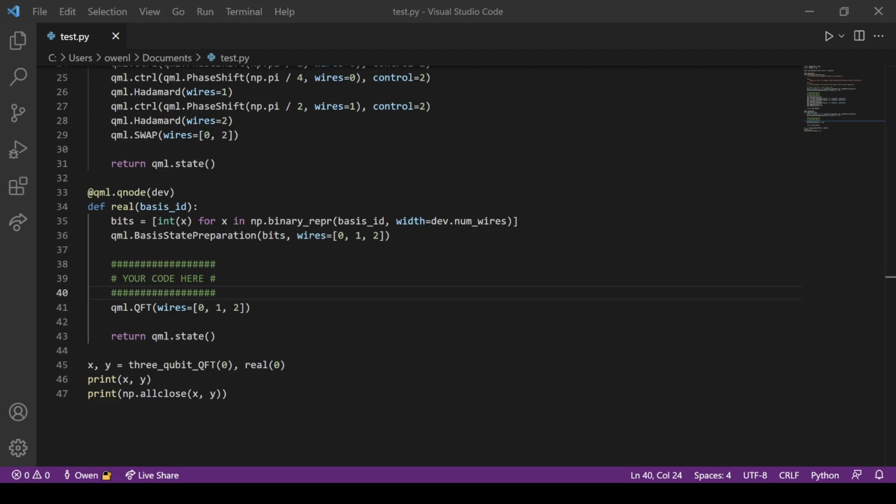I'm like 99% sure there's a PennyLane implementation of QFT. See, this is why it's annoying, because I look up QFT PennyLane and it doesn't come up, which is very inconvenient, right? Like, how am I supposed to find anything?